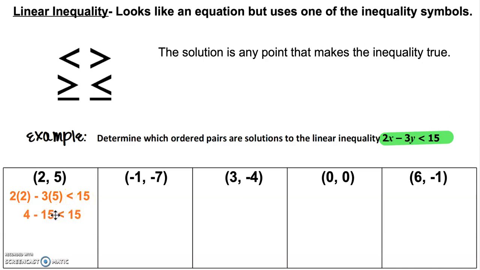By simplifying the left side, we get 4 minus 15, which is negative 11. And negative 11 is less than 15, which means that the point (2, 5) makes that true. So (2, 5) is a solution.